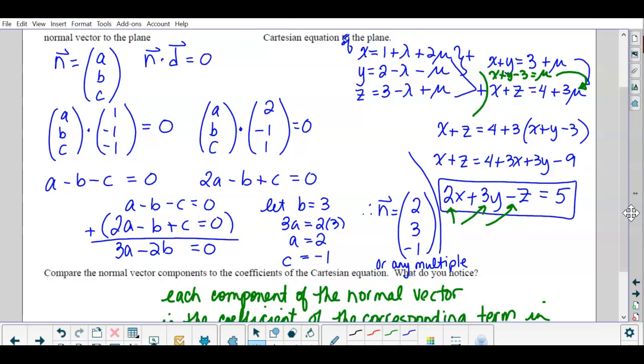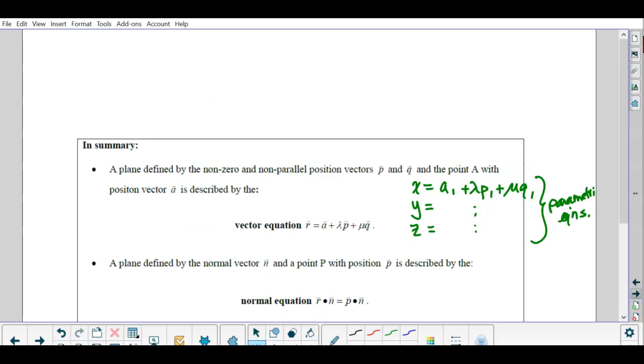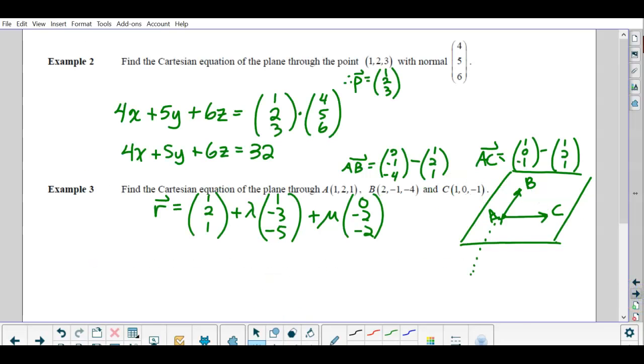Then you have your coefficients, and you would figure out your constant term. So you don't have to do it this way, and again, we're going to learn a faster way later this week.